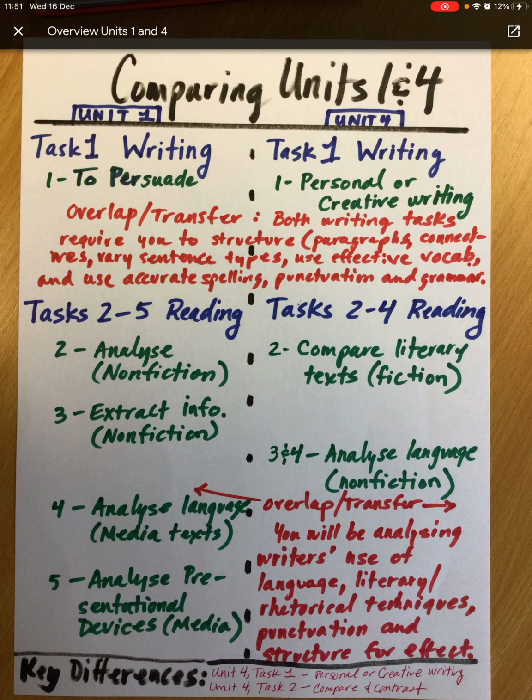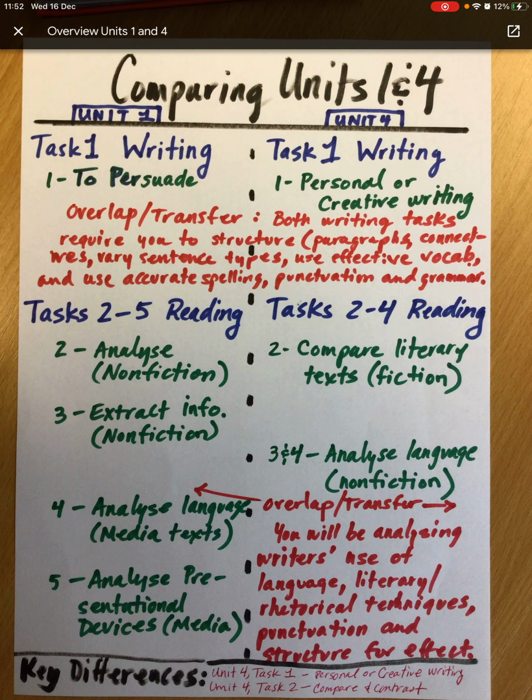Now guys, the purpose of this document for me is to help you understand that for Unit 4, you've already done a lot of the preparation. If we compare the 2 writing tasks, Task 1 writing on the left and Task 1 writing on the right, the overlap or transfer, I'm now reading the text in red, shows how they're connected. These are both writing tasks, and they require you to structure your response using paragraphs and using connectives.